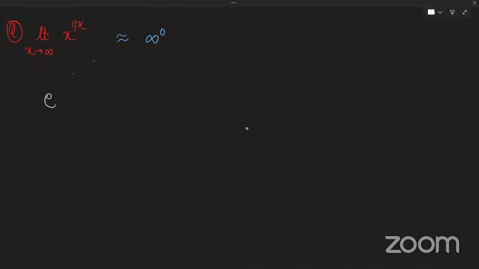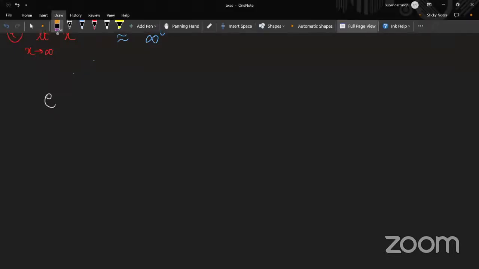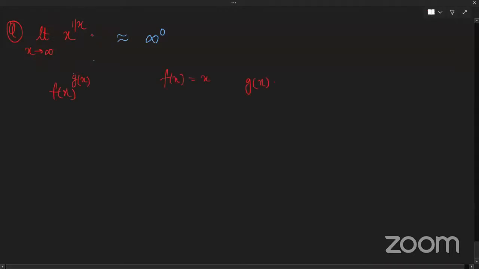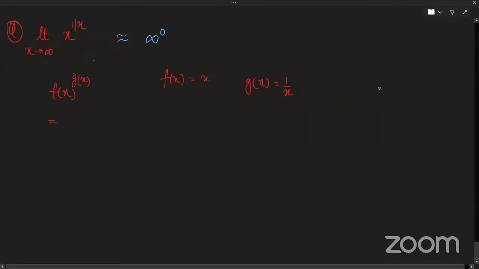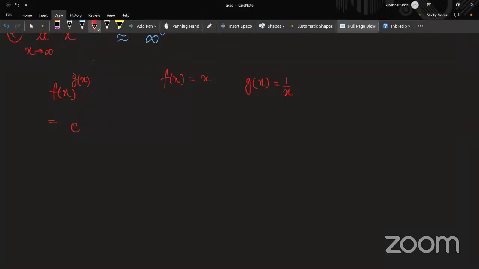So in this case, I have f of x raised to g of x, and my g of x is 1 by x. Right? This is what I have. So now f of x raised to g of x can be written as e raised to g of x into ln of f of x.